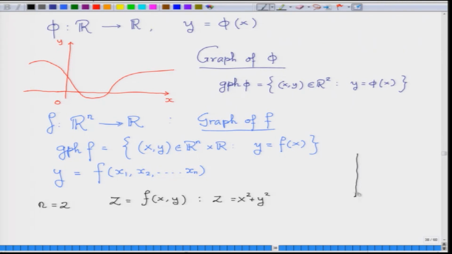So what I am trying to do is draw the graph. So this graph looks like this. It is called a paraboloid.